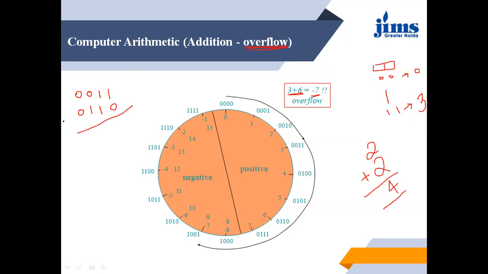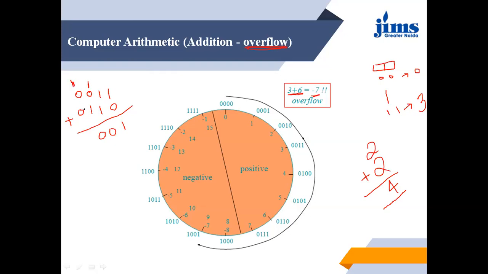When we have to add these two numbers, 1 plus 0 is 1. 1 plus 1 is 0 with a carry 1. And this is 1 plus 1, again 0 with a carry 1.